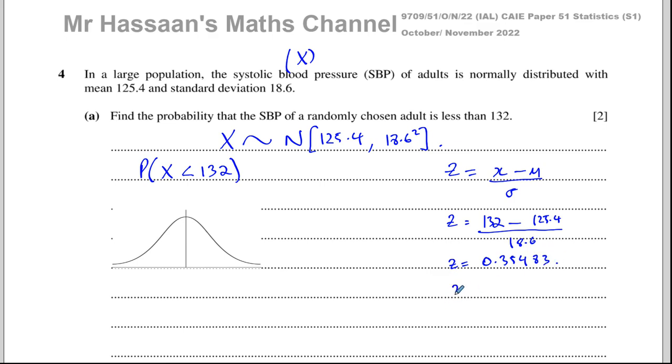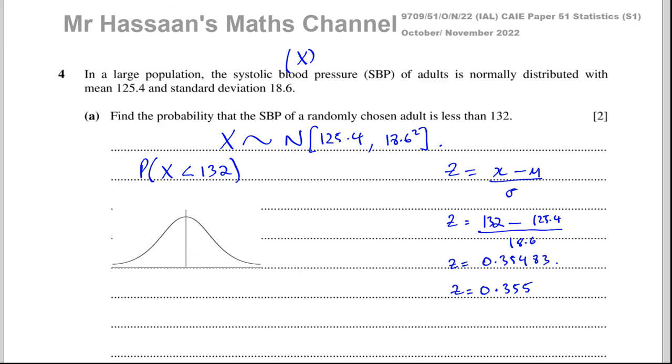We always write the standardized score to 3 decimal places because that's what we can use the table up to. So 0.355 is what we have to look for. That means our standardized score is above the mean. Of course, it's above the mean, as you can see, 132 is above the mean. But this is how many standard deviations it is above the mean.